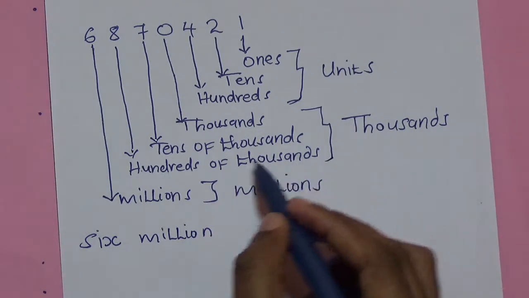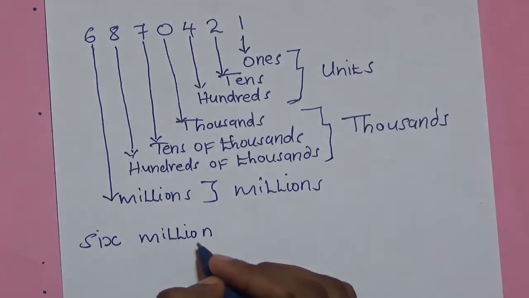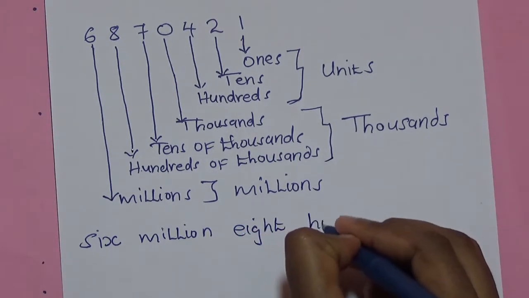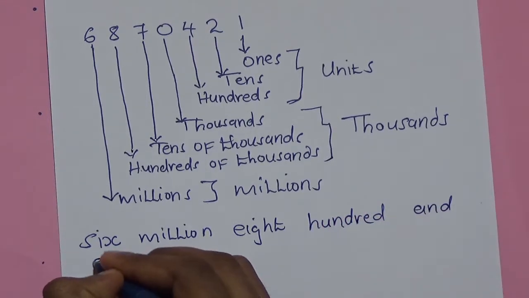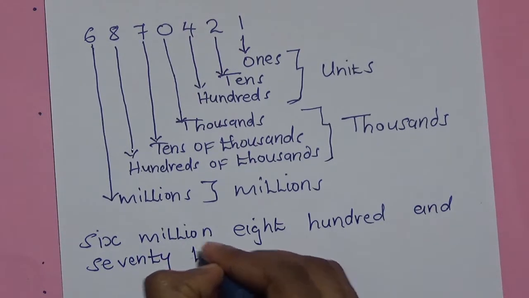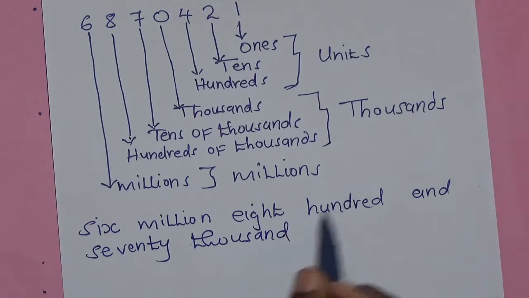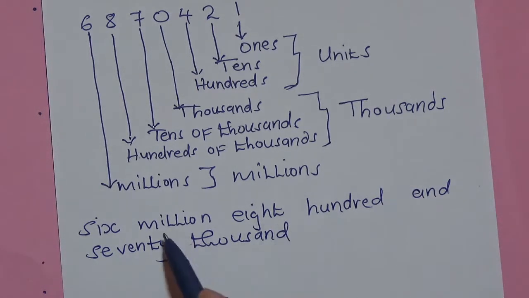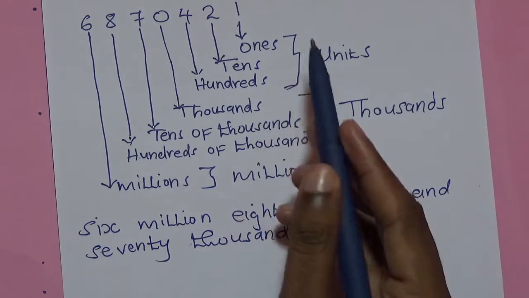Then thousands. We have how many thousands? 870. So it will be 6 million 870 thousand. So again, you are not going to write thousands. You are supposed to write just thousand. And we are left with the units.